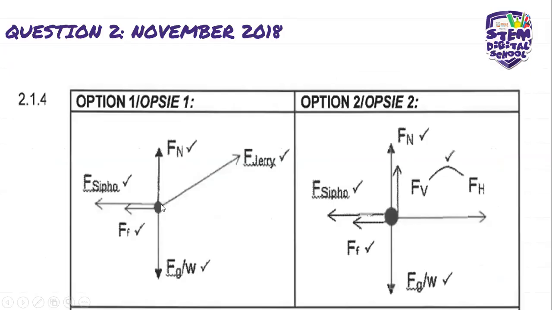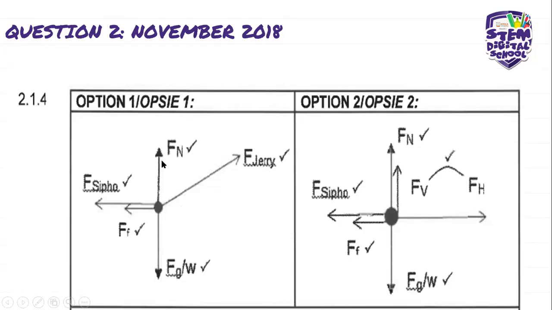The next force is the normal force because the object was on a surface. The other force is the applied force that Jerry was applying at an angle of 60 degrees to the horizontal. The other force was the frictional force. Remember that one that the object was experiencing of 5 newtons, and the other force was the force that Sipho was applying. Remember now, how do we give a mark?